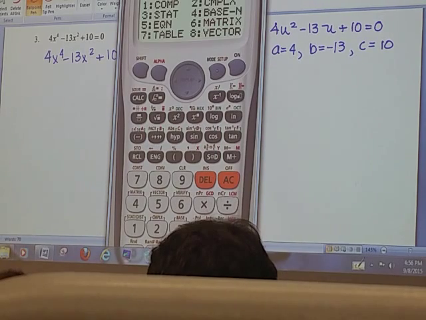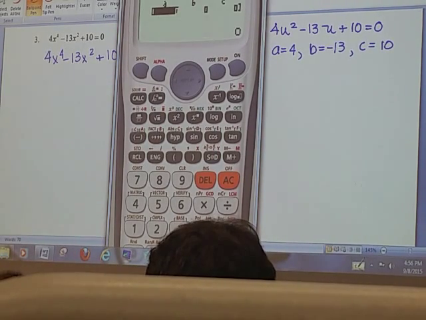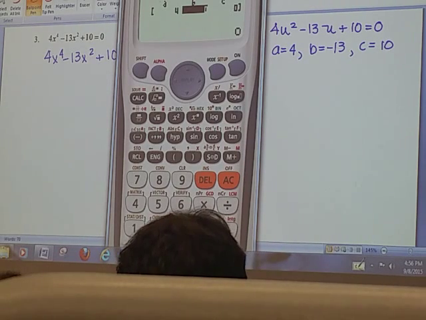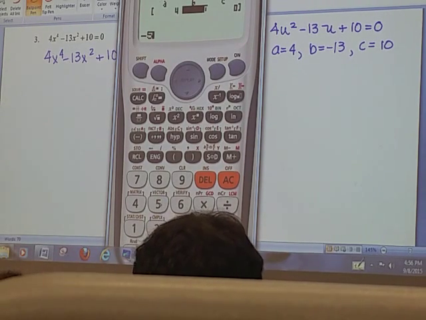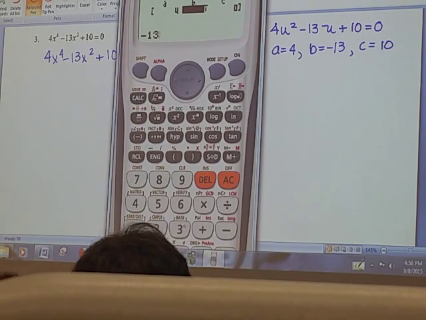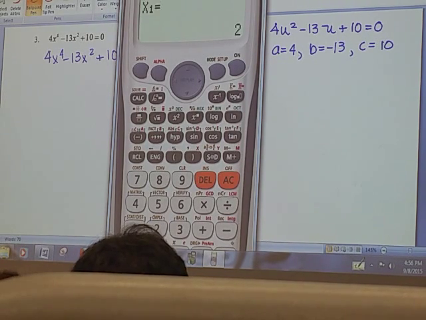So I have mode equation number 3. A is 4. Remember, in front of the middle term. Is negative 13. And the constant is 10. So that's 2 and 5/4.